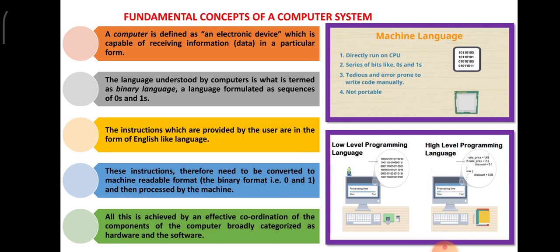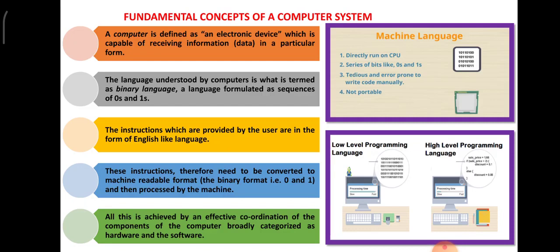If you give only the name, it is not complete information. So data is nothing but the smallest piece of information, but information is a collection of interrelated fields. I hope you understood this.